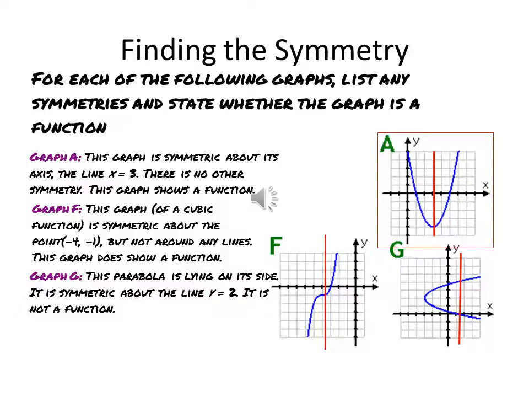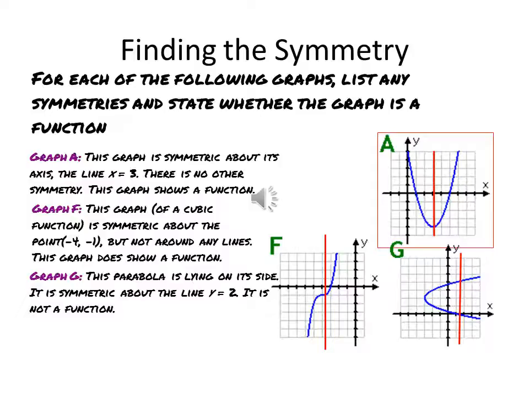Now, let's take a good look at graph G. We can tell that graph G is laying on its side. Let's run a vertical line test to see if it's a function. We can tell that it's not a function because the vertical line is touching the curve two times.